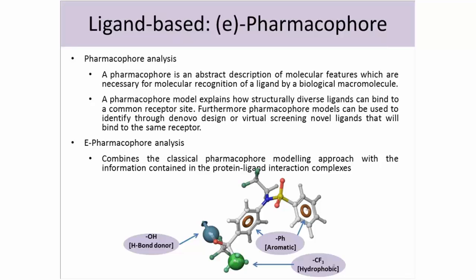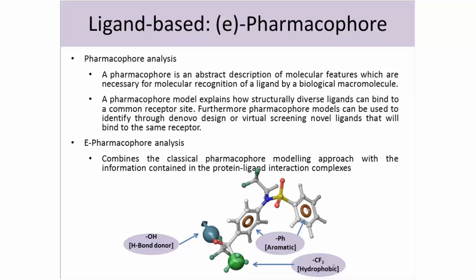So if you think that the activity comes from a molecule interacting with the binding site, of course there are some points that are more important to have that activity. And if you have a group of ligands with the same activity, you can compare the structures of these ligands and find out, even if you don't know the receptor structure, which are the common points. And these common points are meant to be the essential points to have that activity.